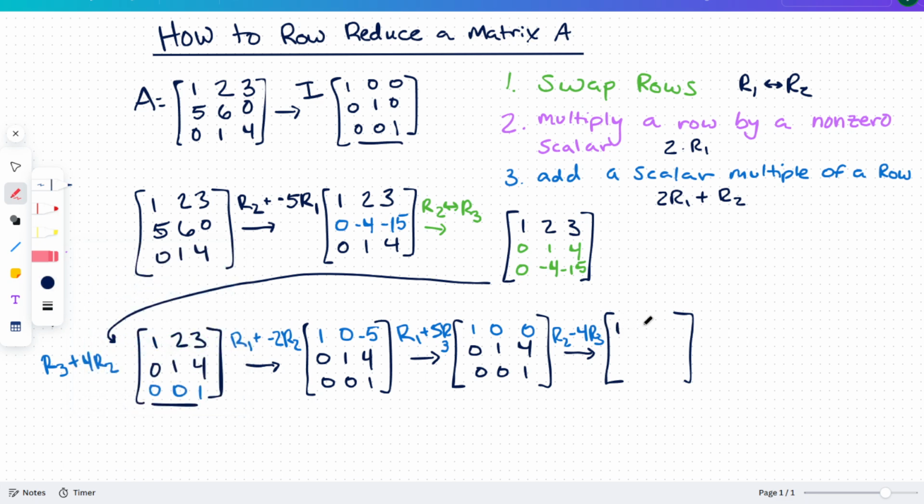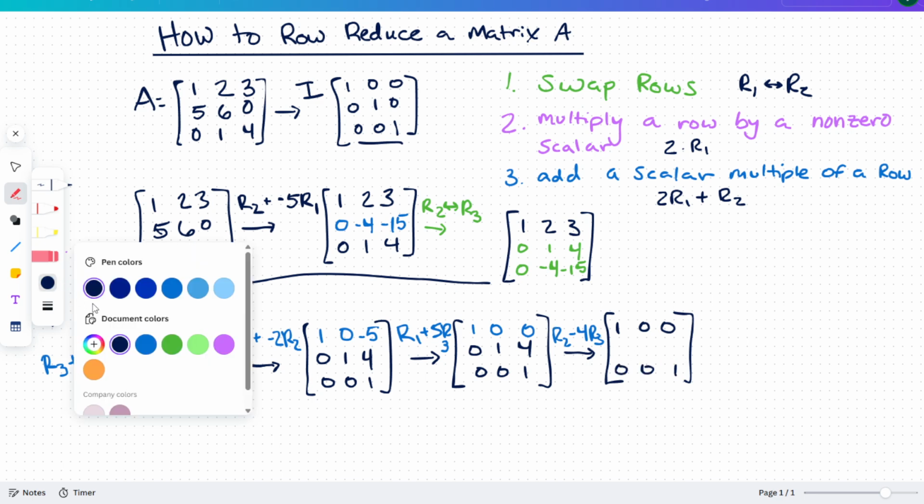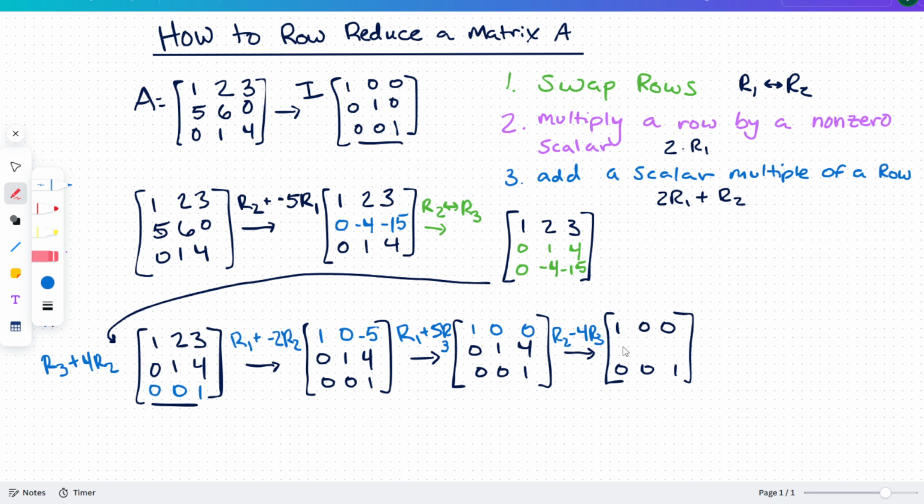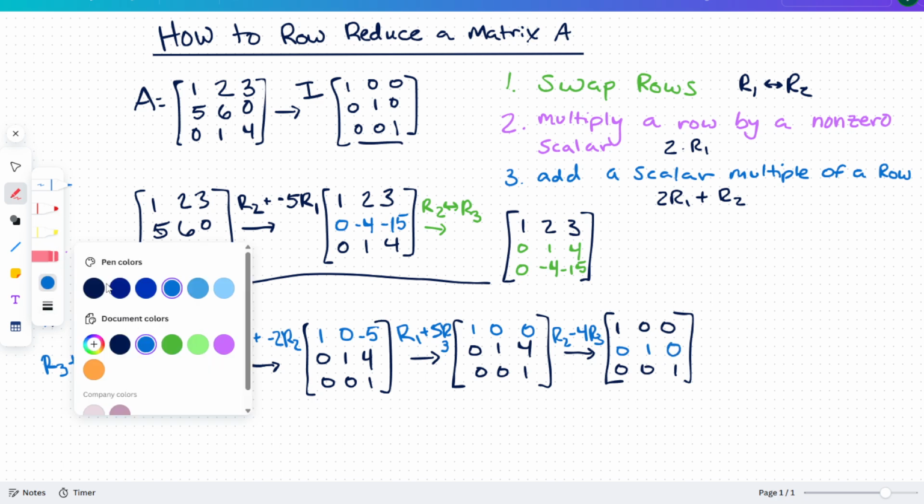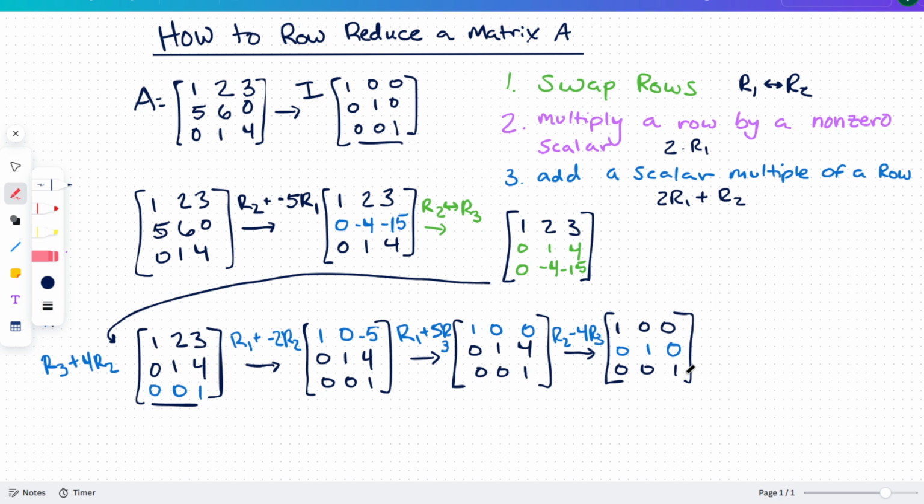And we'll fix up row 2, and we'll keep row 3 the same. And row 2 is going to be 0 minus 4 times negative 4 is 0, 0 plus 0. 0 times negative 4 is 0 plus 1. And then 1 times negative 4 is negative 4 plus 4 is going to be a 0. So that is how we get to our identity matrix.